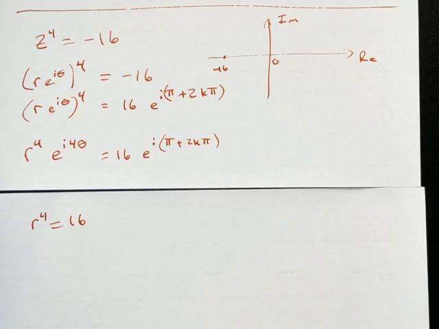And r is a distance, a length, so it's a positive number. That'd be 2. And over there's an exponential. Over here, there's an exponential. That means the exponential pieces have to be the same. And since the bases are the same, that means the powers have to be the same.